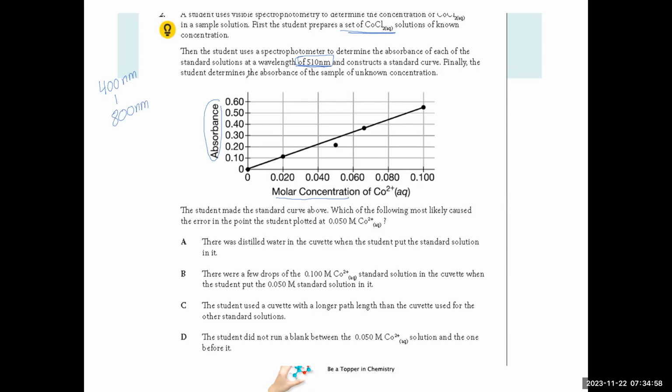Then he determined the absorbance of the unknown concentration. So what he did, he placed all these solutions of known concentration, and he made a straight line. And then he placed his unknown concentration in the same instrument.